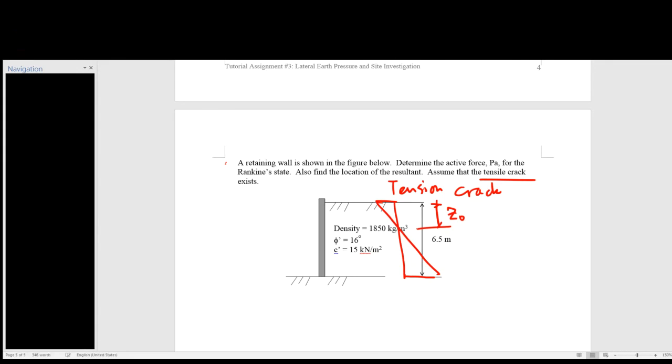It's not that difficult, right? You should be able to work out the vertical stress and horizontal stress according to whether they are in the active or in the passive condition and so on, right?